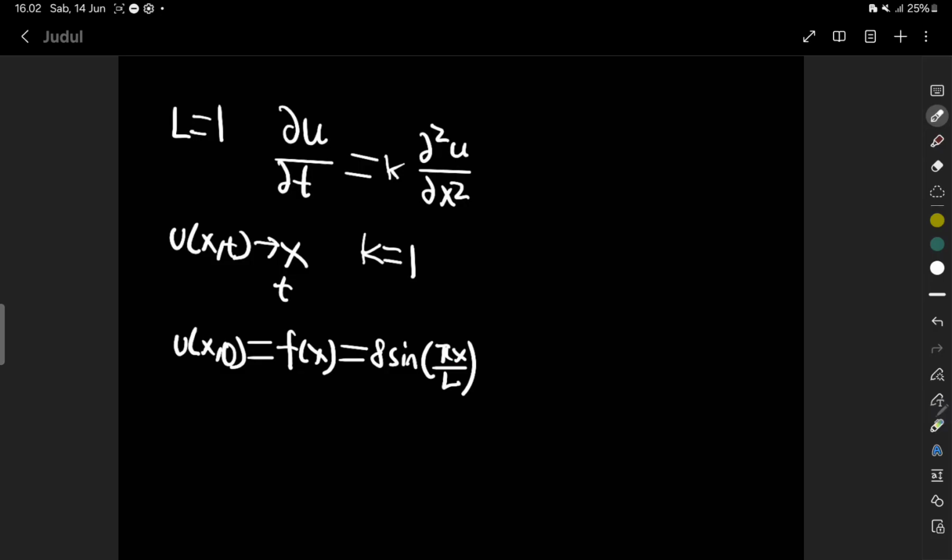and both ends are held at 0 temperature for all time, so function u(0,t) equals 0, and function u(L,t) also equals 0.